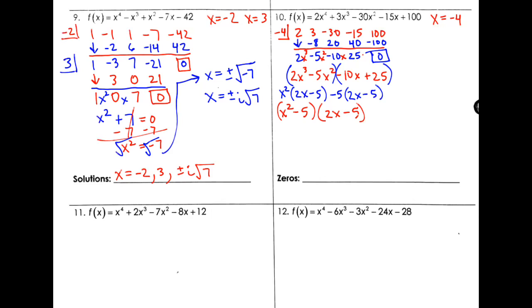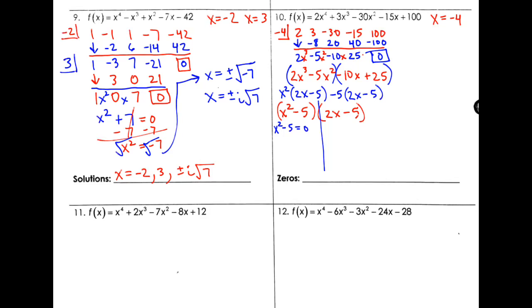And so now what I'm going to do is set both of these equal to 0 and solve for x, because we need the zeros. We can solve this one by square root, and we can just solve this one for x. So x squared minus 5 is equal to 0.